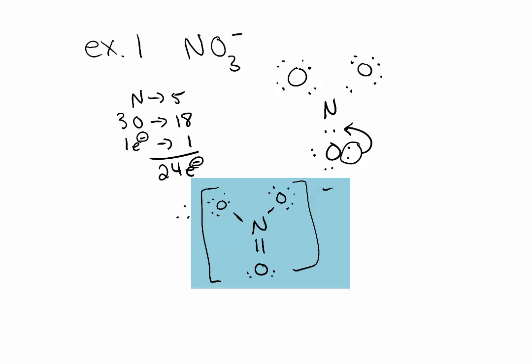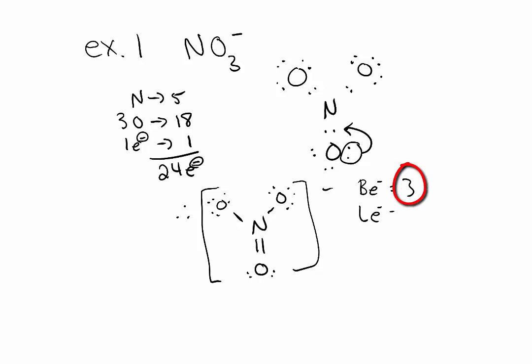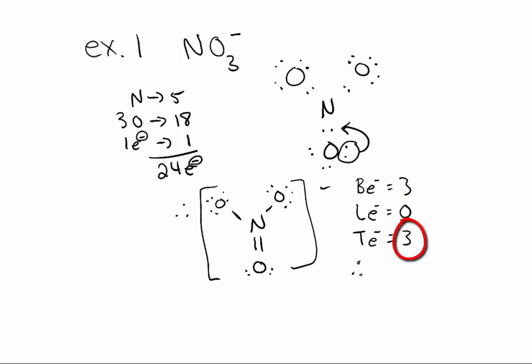Next, we're going to consider the bonding and non-bonding pairs of electrons. You will notice from the diagram that there are 3 bonded pairs of electrons, 0 lone pairs of electrons. That gives us a total of 3 pairs of electrons. Now, looking at our chart, and this is something you do have to memorize, 3 pairs of electrons always has the hybridization of sp2.